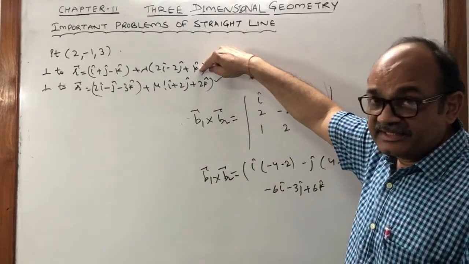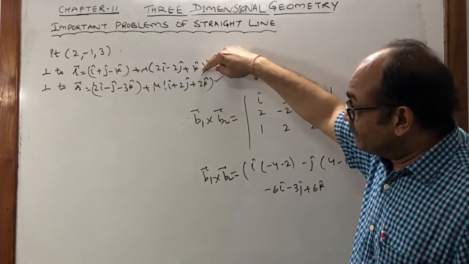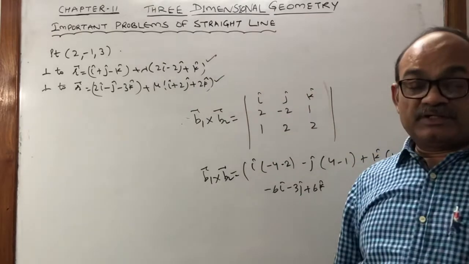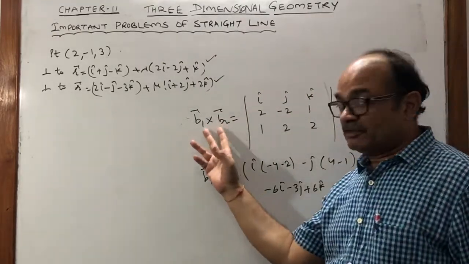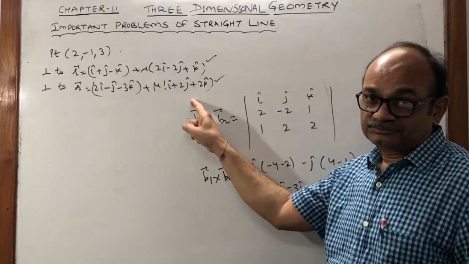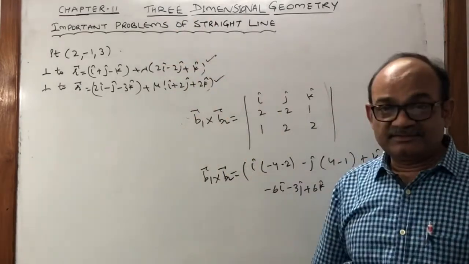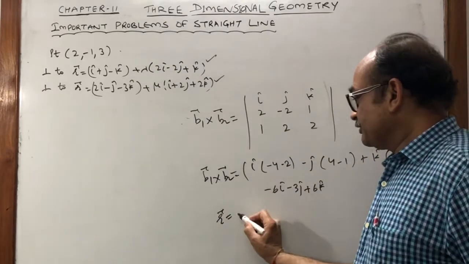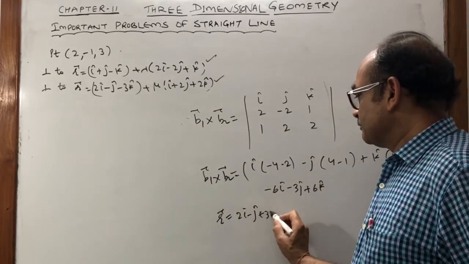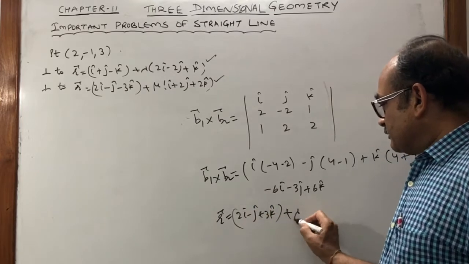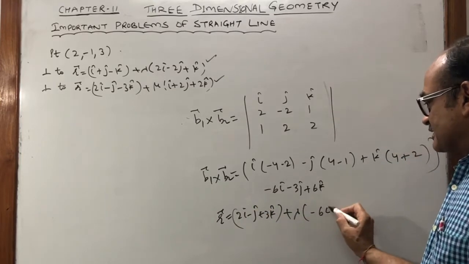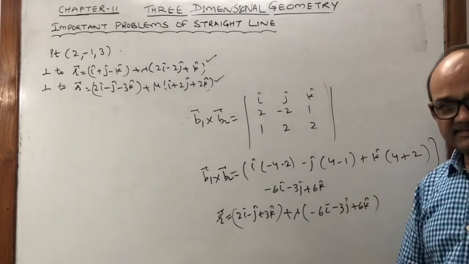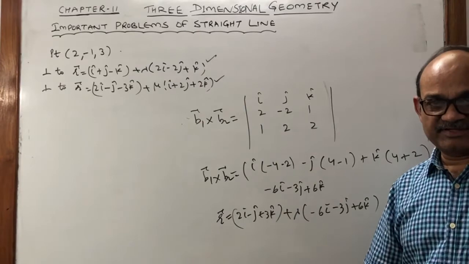This first line is parallel to b1. Second line is parallel to b2. If we calculate b1 cross b2, then the resultant is perpendicular to the plane containing these two. And what we require is the same thing. Hence, the required line is r = 2i - j + 3k and parallel to this vector 6i, 3j, 6k. Yes? Very easily we can compute if you have some concept of vectors.